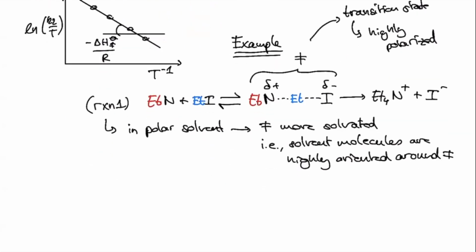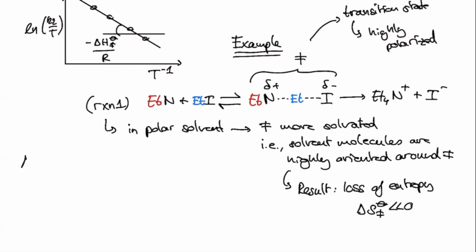And highly oriented solvent molecules is not very favorable, right? So the result is we have a loss of entropy. So delta S here is much smaller than 0. So that's an entropic effect.